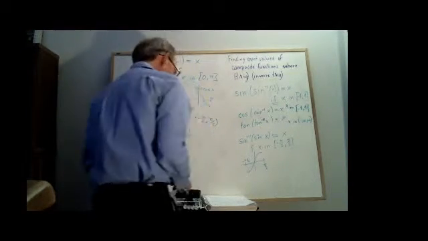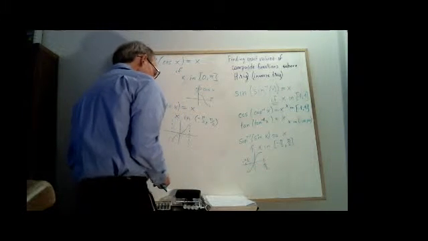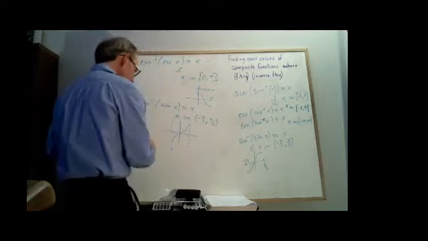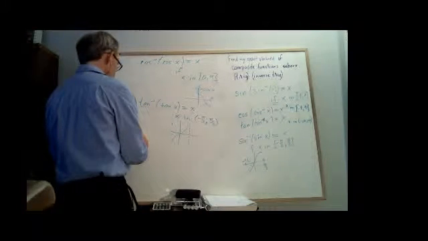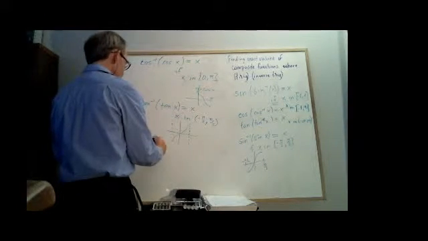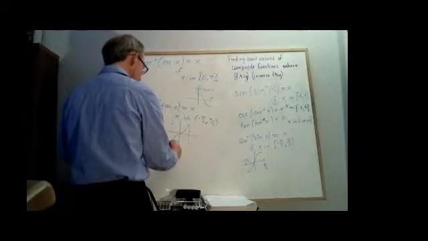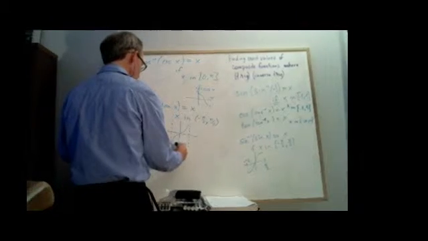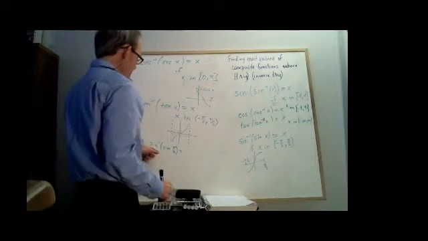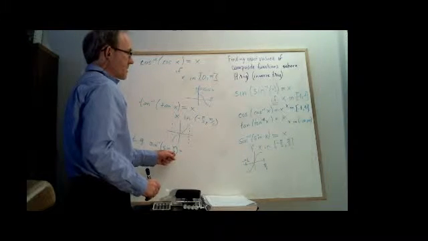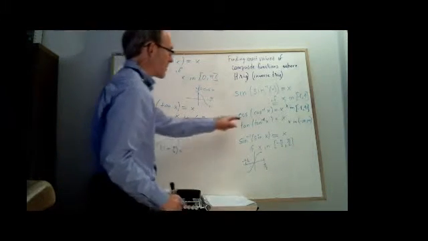Okay, so now we also want to calculate some things. If you're given sine inverse of sine of pi over 4, you should check this is in the correct range, or the correct domain, right here.